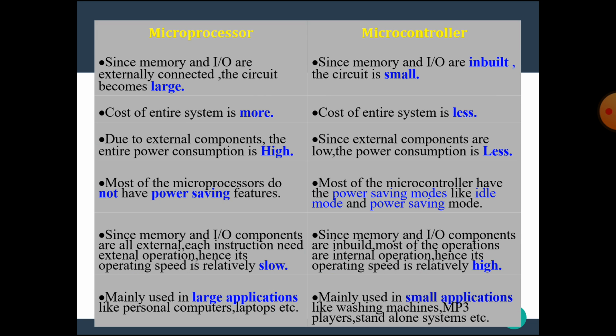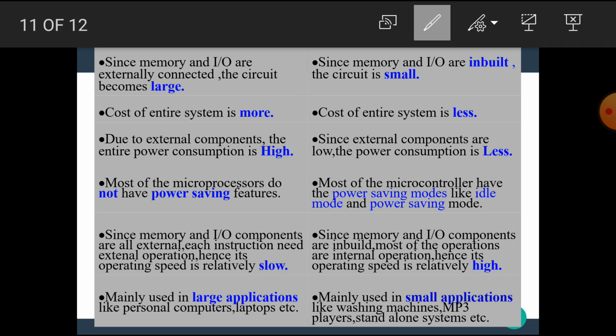Next, in microprocessor, the memory and IO are externally connected, hence the circuit becomes large. While in microcontroller, the memory and IO are inbuilt, hence the circuit is small. With microprocessor, the cost of the entire system is more, but with the microcontroller, the cost of the entire system is less.